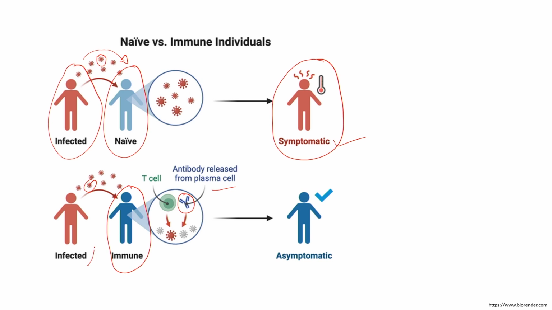Therefore, if they come in contact with this infected individual, even though there is a spread of the pathogen to this individual, the body recognizes this as an already encountered pathogen, and can raise an immune response to destroy these antigens because they were previously exposed to them, and therefore you don't see any symptoms in these individuals.